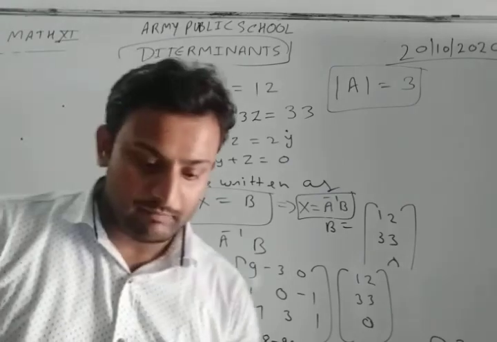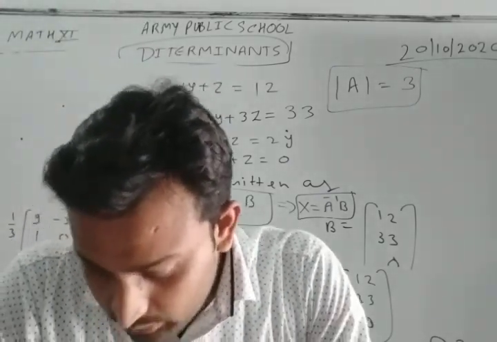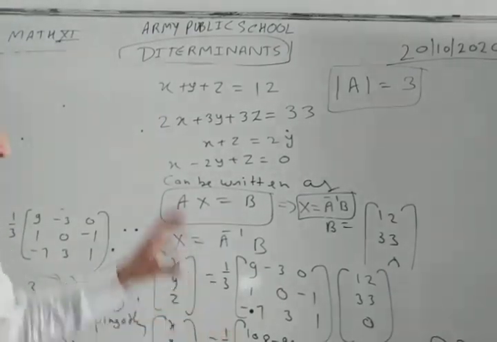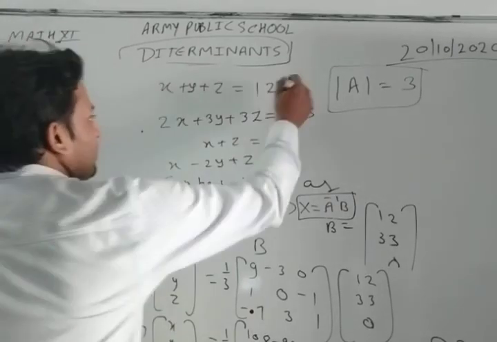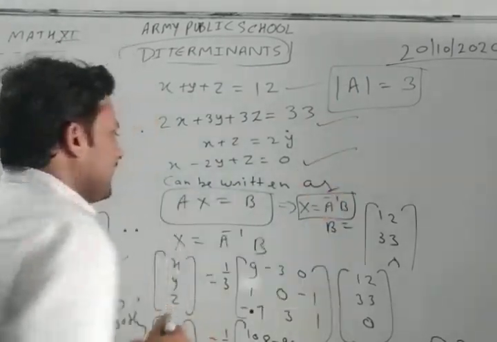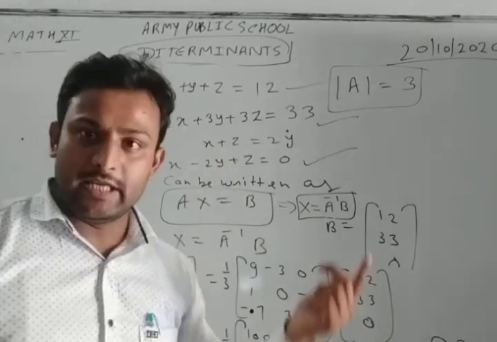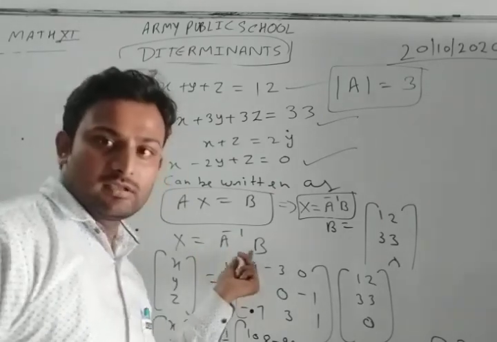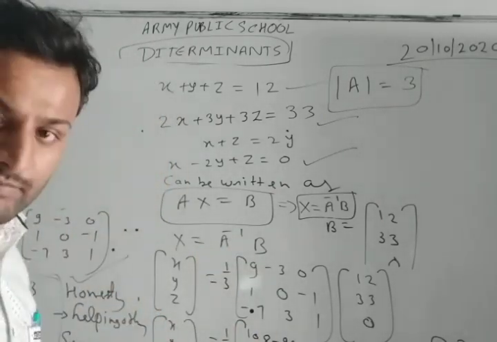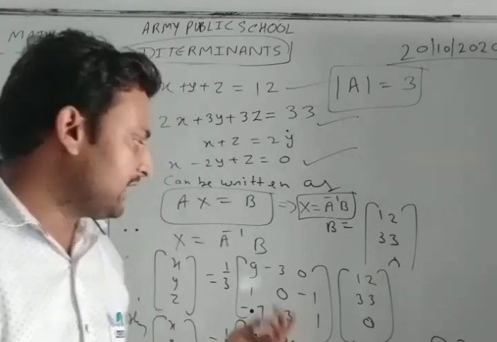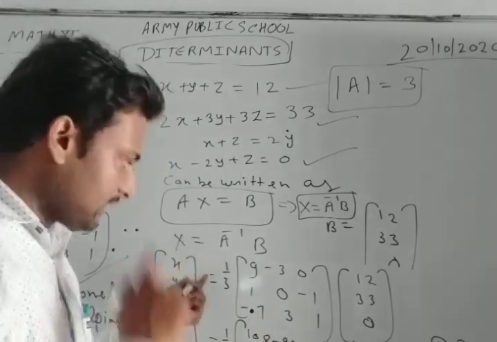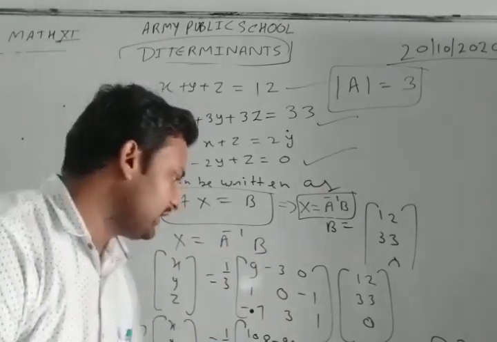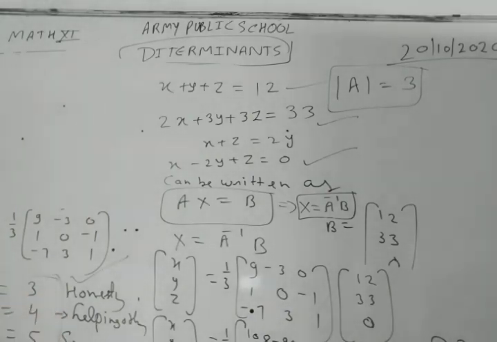In this way we can find our solution. First we took the condition and made three equations. After that we wrote A, B and X. After that we found A inverse. For A inverse we found the adjoint of A and the determinant of A. After that we calculated A inverse, and then we put the values of X, B and A inverse and got the result, that is x is 3, y is 4 and z is 5.